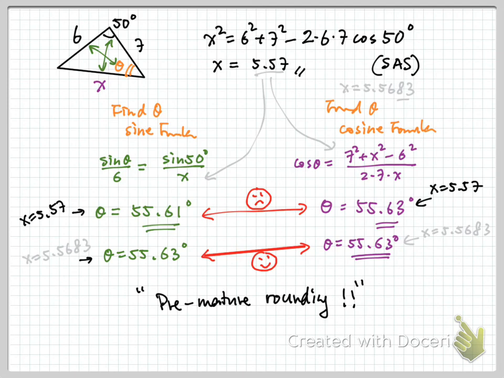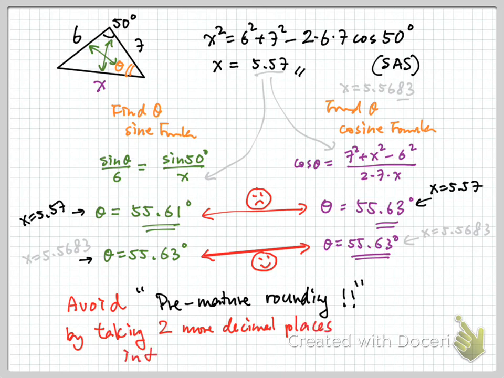So to avoid premature rounding, usually taking two more decimal places in the intermediate results would be enough.